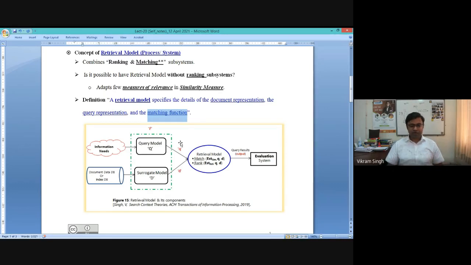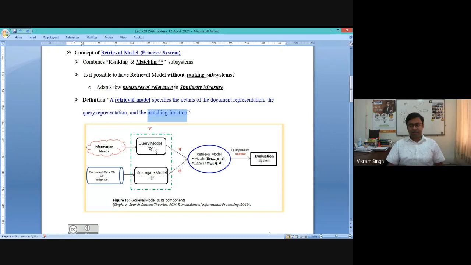So for a retrieval model, small q is the input and small d is the input, right? That's why it is important to have a similar representation, so that only then can you perform match and rank. So it is very important to have a specific type of representation to denote the data and to denote the query, right?